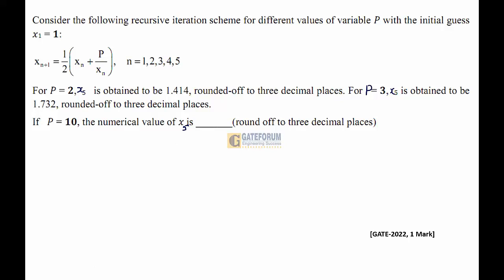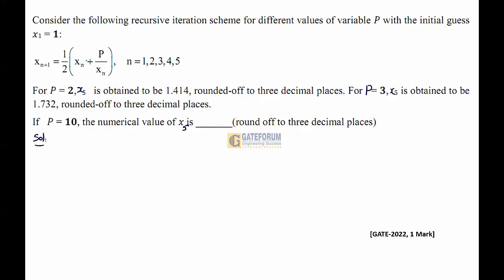So this is from engineering mathematics, from the topic numerical methods, solution to algebraic equations by Newton-Raphson method. The solution is actually this type of iteration formula, or recursive iteration, derived from Newton-Raphson method, from the given equation f(x) equal to 0.